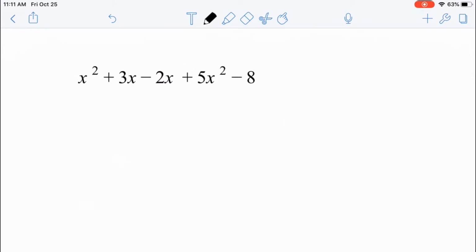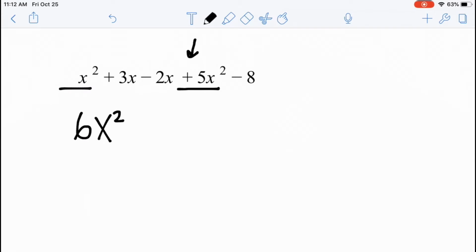So I'm going to zoom this in here so we can focus on just one problem at a time. So here we have an x squared and we have a plus 5x squared. Super important. The sign in the front is the sign that belongs to that number. Okay? So this is 1 plus 5. There are no other x squareds, so we're going to do 6x squared.